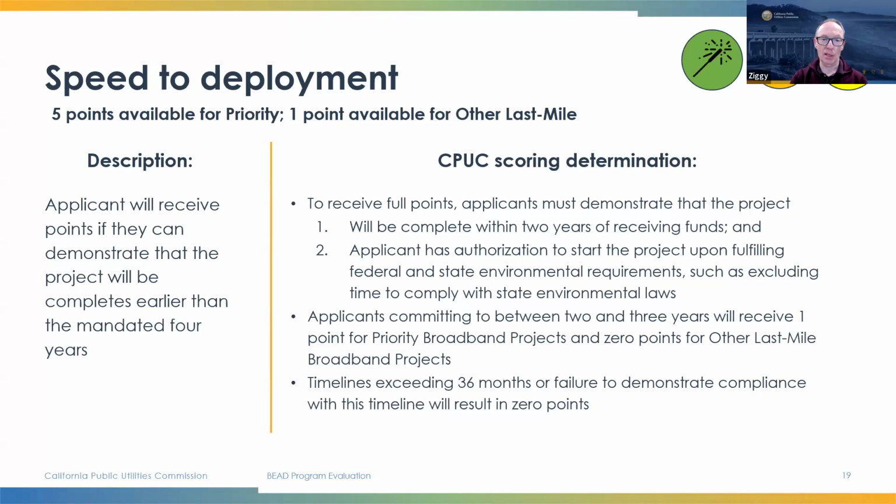And if you commit to between 2 and 3, in other words, less than 3, but more than 2, you'll receive 1 point for priority, 0 points for other last mile broadband projects. If it's more than 3, but within the mandated 4 years, then you get 0 points. Next.